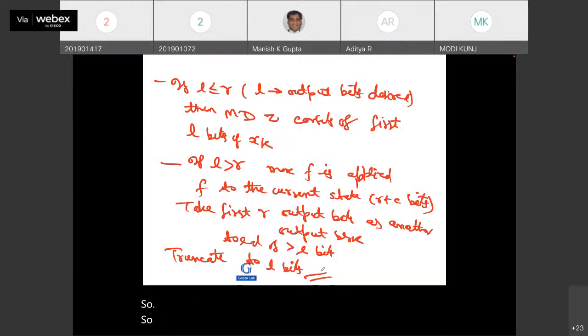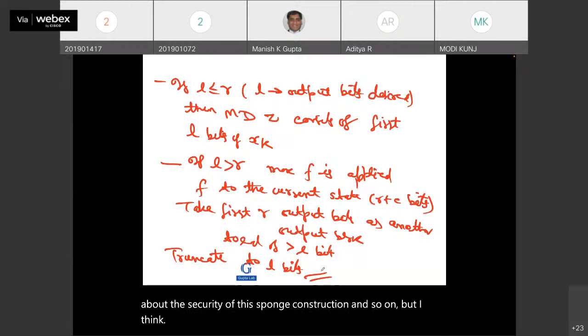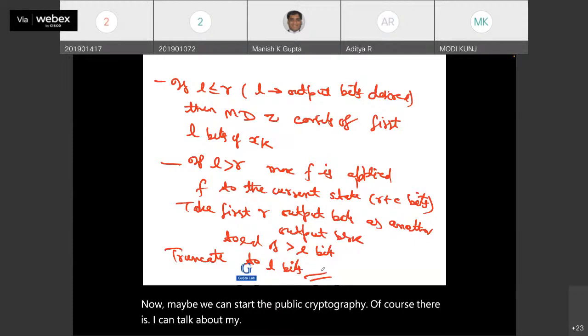So basically, that is all about the sponge construction. We can talk about the security of this sponge construction and so on. But I think now maybe we can start public key cryptography. Of course, I can talk about MSCs also, but we'll see. At some point of time, we'll talk about it.